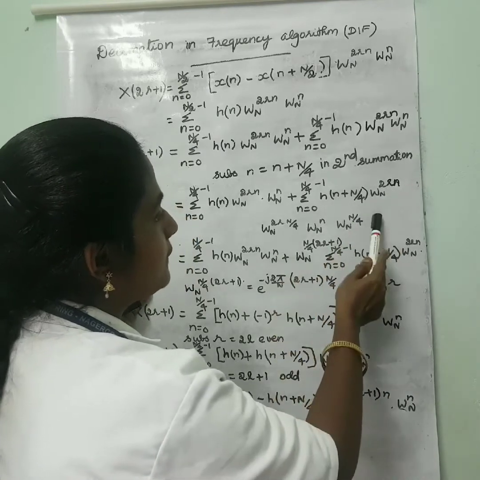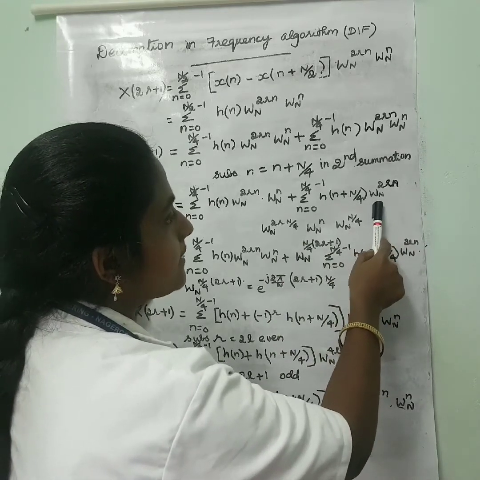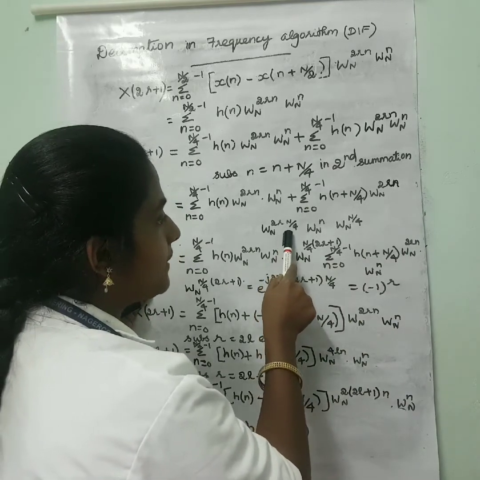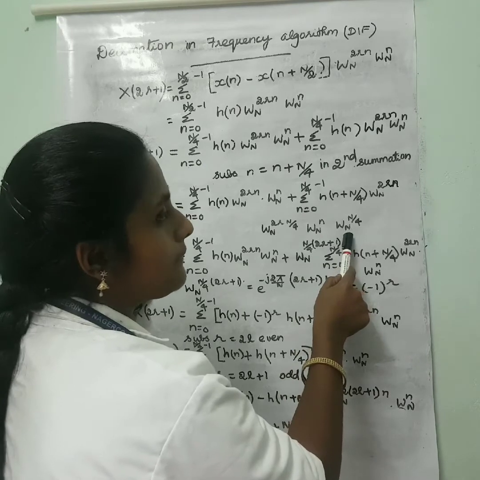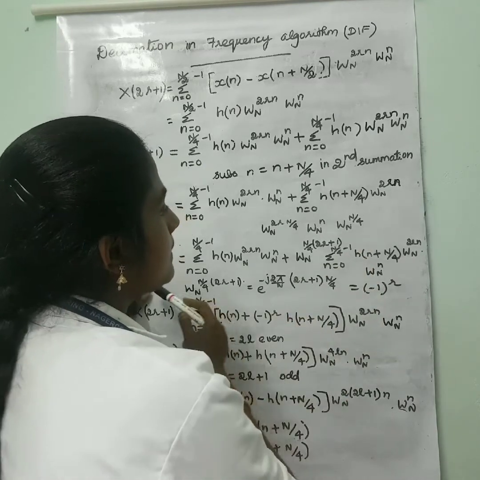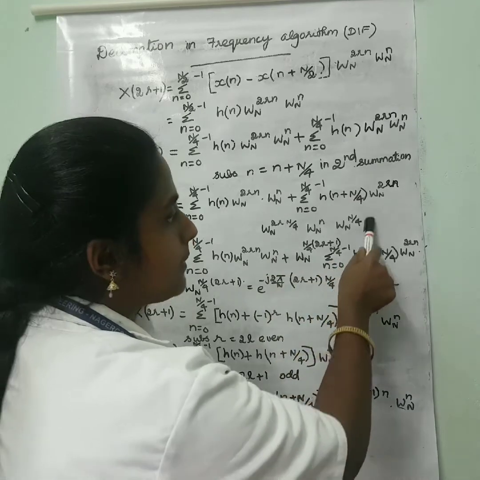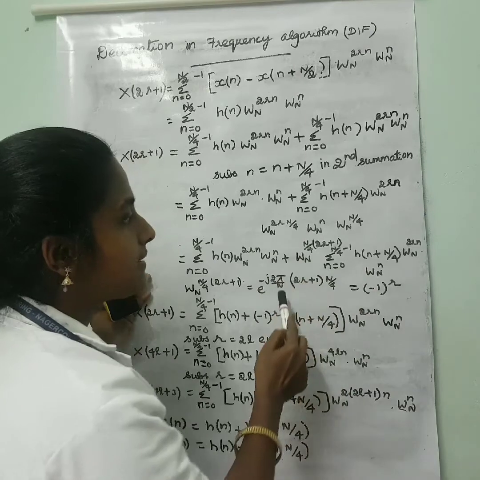After substituting, you will simplify and you will get these values, that is W_N power 2rn into W_N power 2rN by 4 into W_N power n into W_N power N by 4. Here W_N power 2rN by 4 and W_N power N by 4 are the constant terms, so you can take them outside the summation.